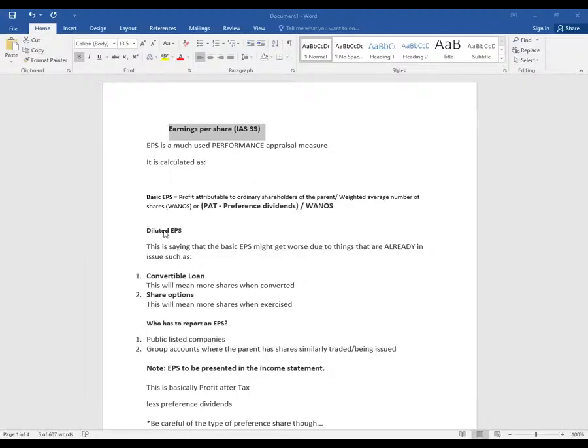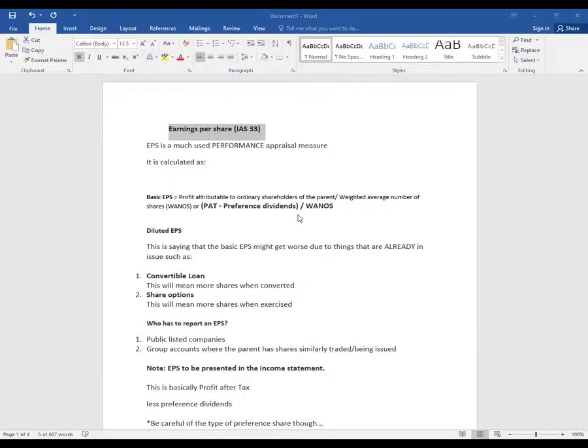What we've calculated so far is called the basic earnings per share: profit attributable to ordinary shareholders of the parent divided by the weighted average number of shares, or simply put, PAT minus preference dividends all over 10C. But at your level, you must go a step further and calculate what we call diluted EPS.